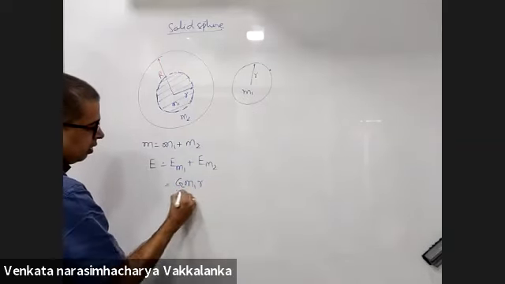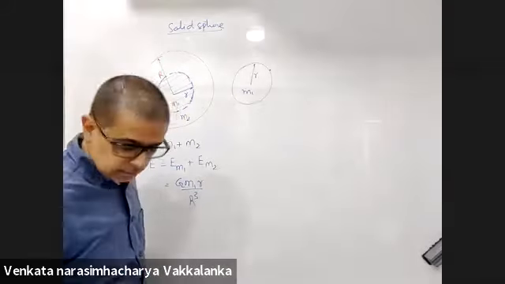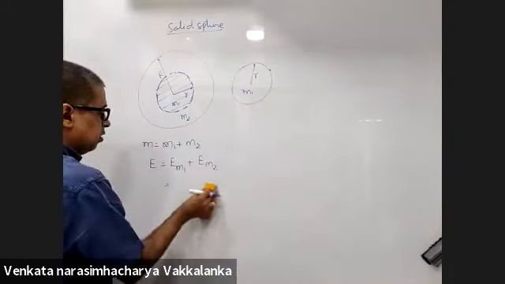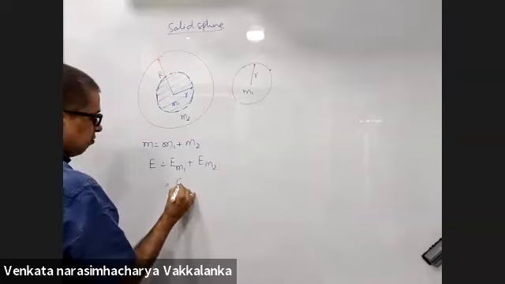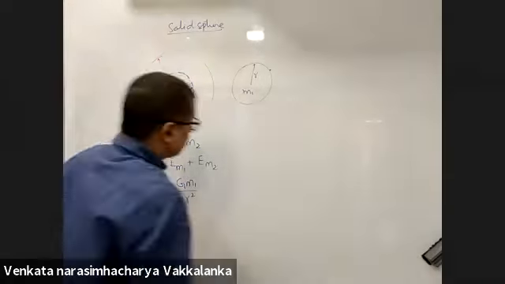Directly, the field on the surface of m1 is G m1 by r square.